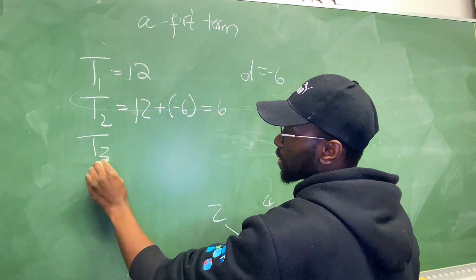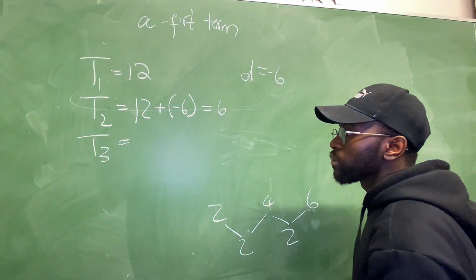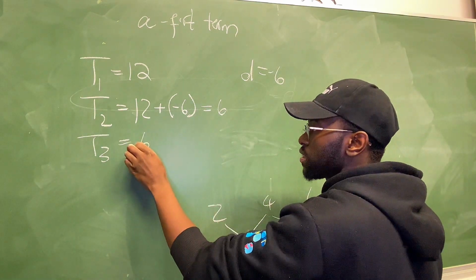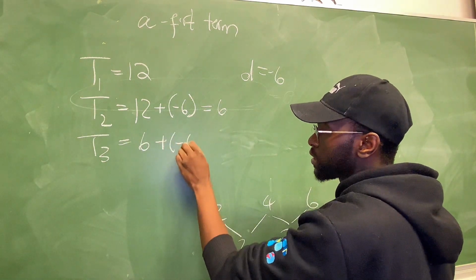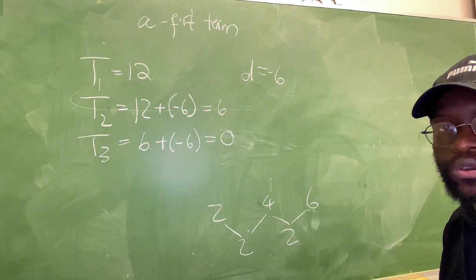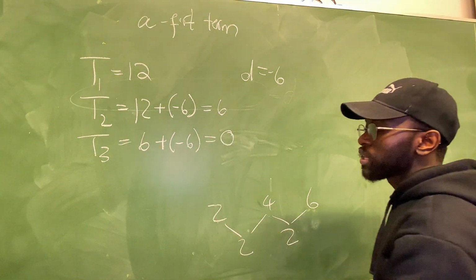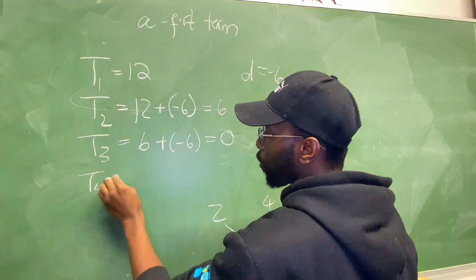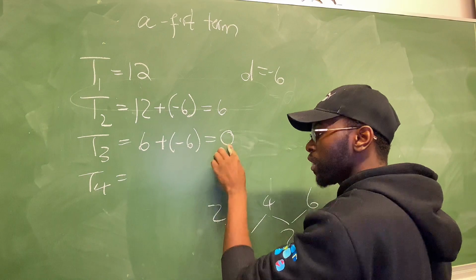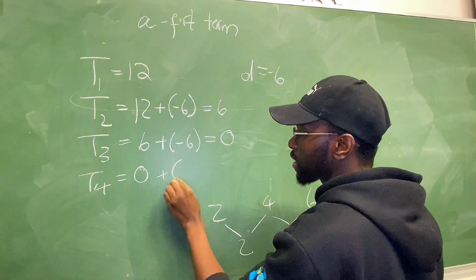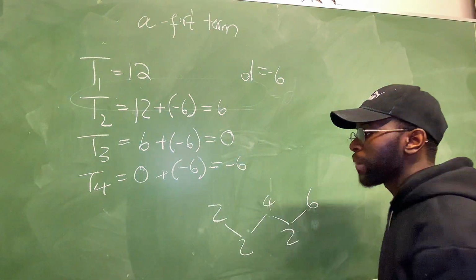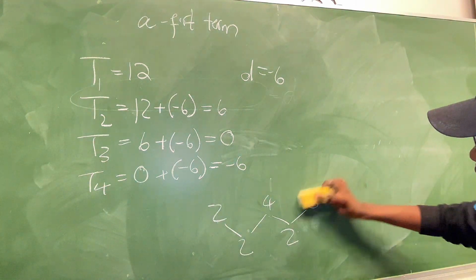Let's find T3. T3, we will take the previous value, which is 6, plus our common difference, and we get 0. We can keep going on. T4, our previous value, not A, our previous value 0 plus our common difference, which gives us minus 6.